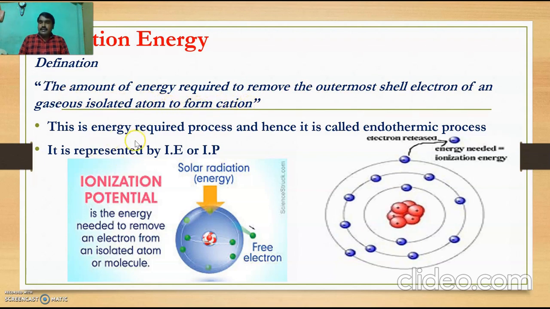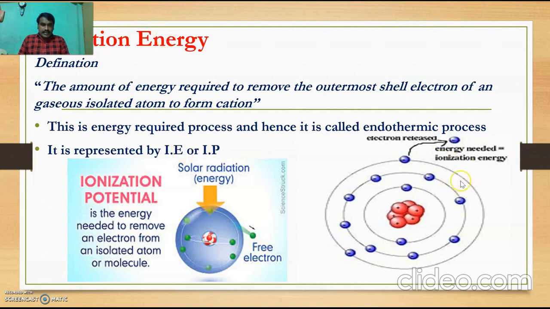This is an energy-required process and hence it is called an endothermic process. It is represented by IE or IP. IE means ionization energy and IP means ionization potential. It is also called ionization potential or ionization enthalpy.